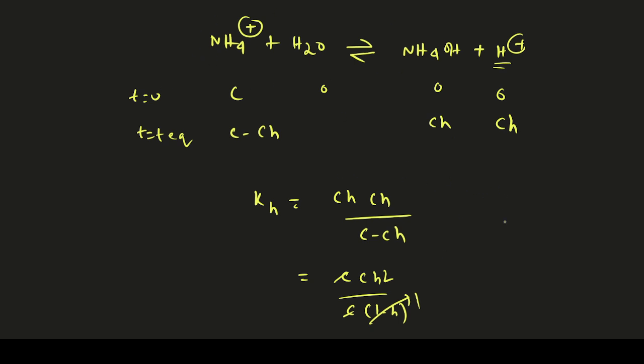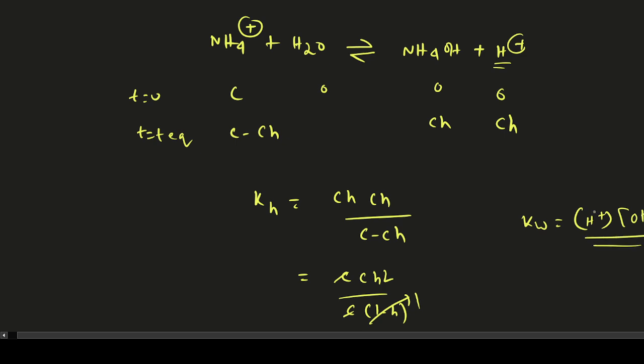Kw equal to H plus concentration times OH minus concentration. So H plus concentration, OH minus concentration, we will take either from here or from here. We will not take from acids.